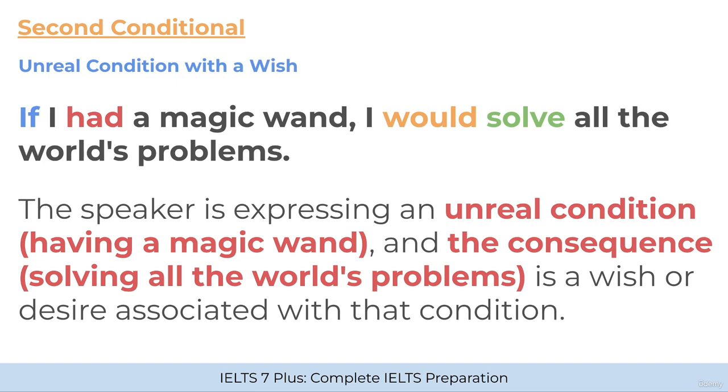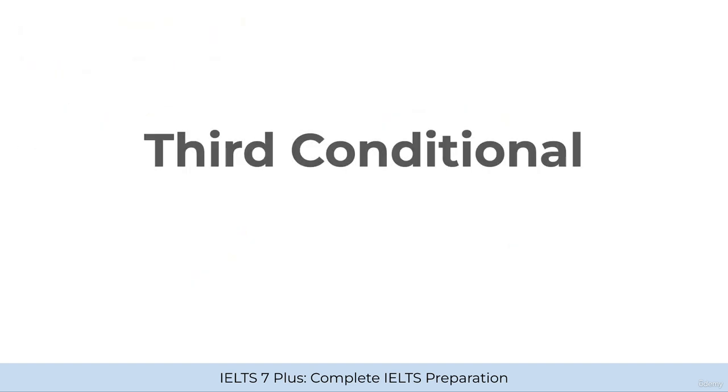I'm not sure whether that is possible for anybody, and in this case, the speaker here. Okay, so that's our second conditional, thinking about wishes and dreams and things that are almost impossible.